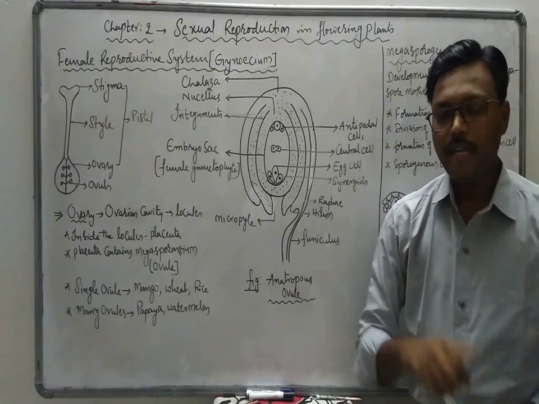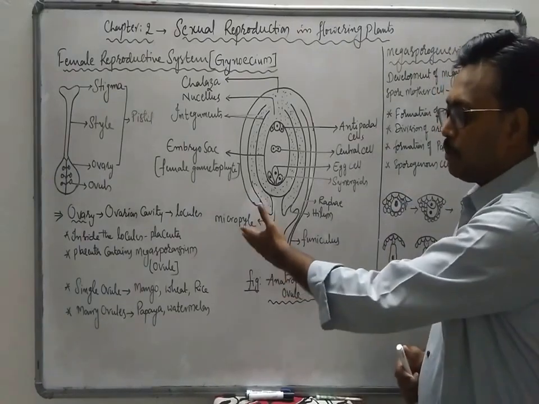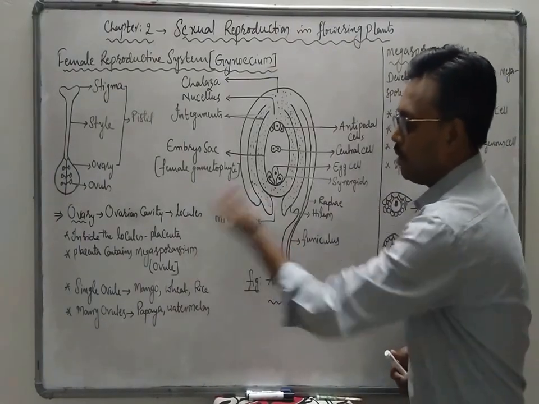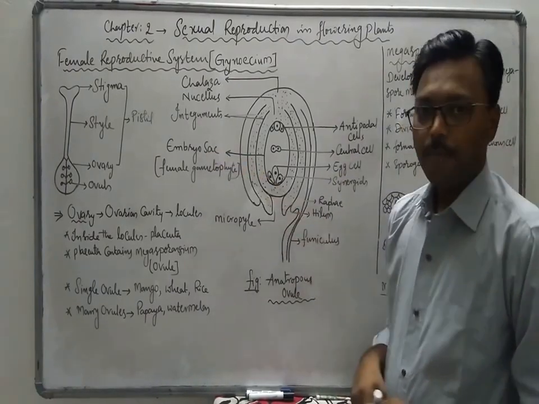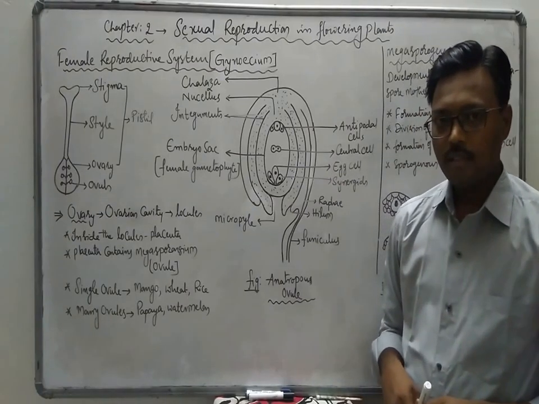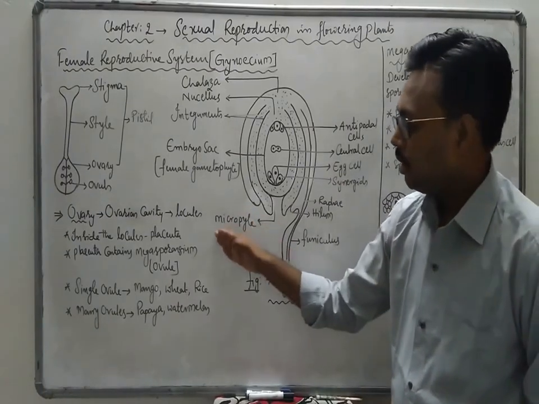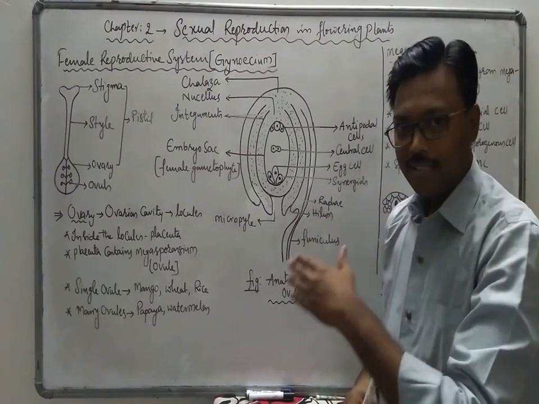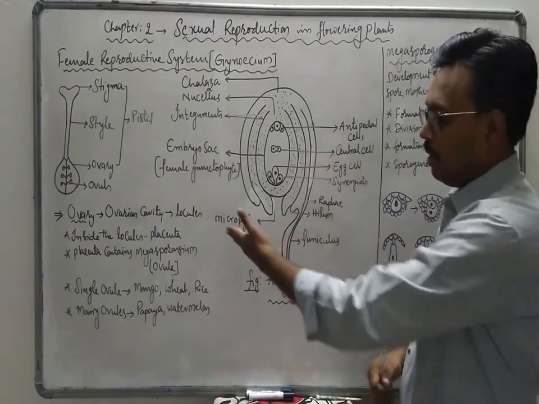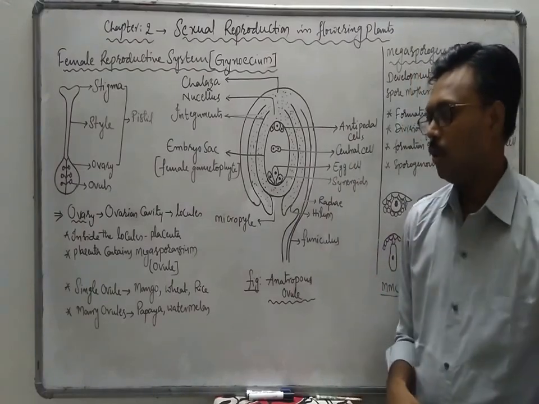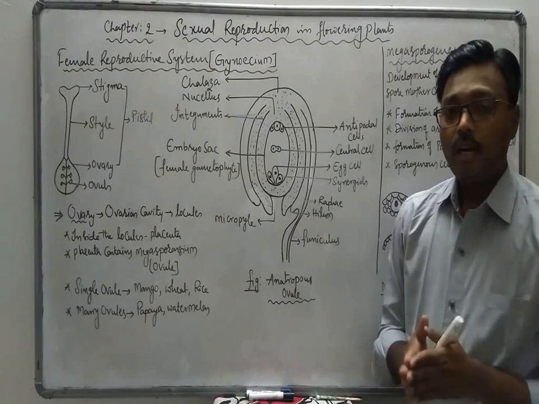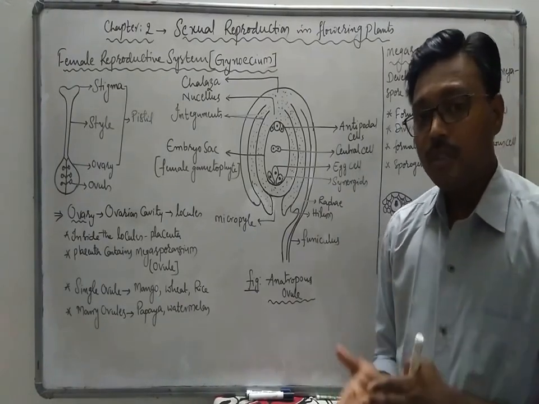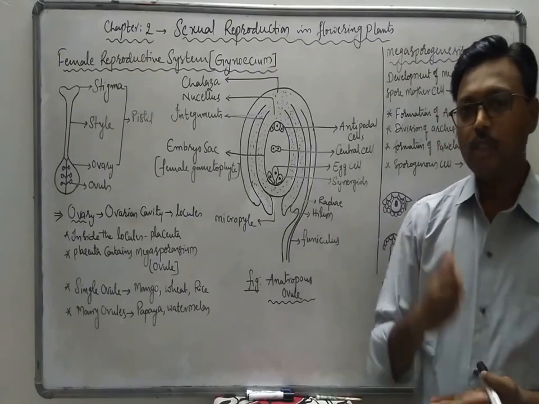In angiosperms, these megasporangia are nothing but ovules. So the ovary is called the megasporophyll, and inside the megasporophyll the ovules are there, that is, the megasporangia.